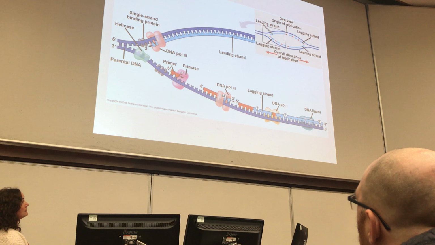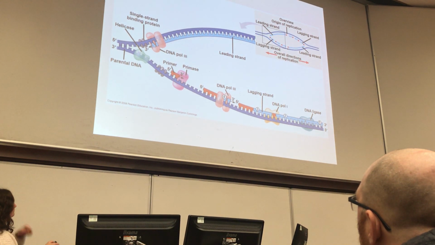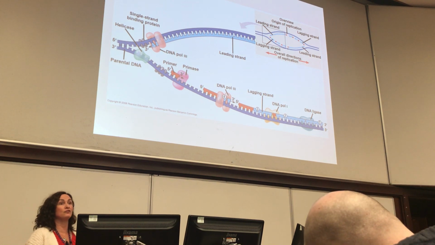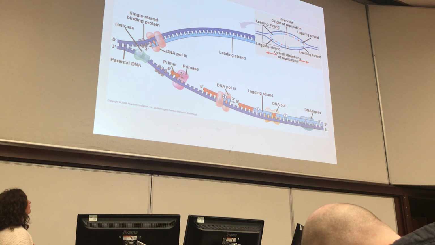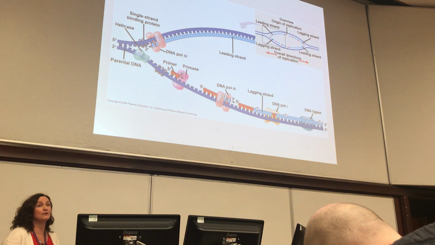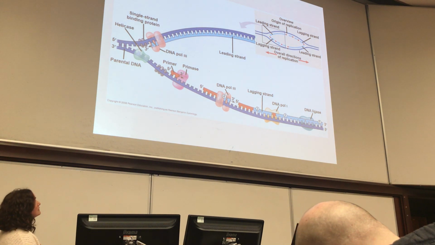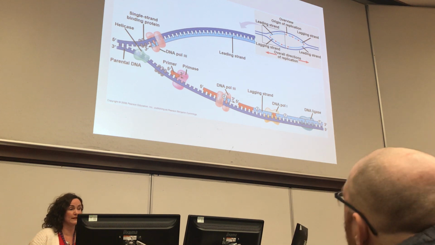A new RNA primer needs to come along because the DNA polymerase cannot add in this direction. Okay, it cannot add in 3' to 5'. Is that okay with everybody? Does everybody know what these fragments are called? Okazaki. Yes. Okay. Okazaki fragments, after the name of the Japanese biologist who worked out that both strands are not synthesized in a continuous fashion.